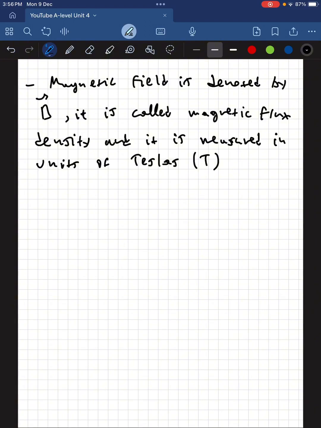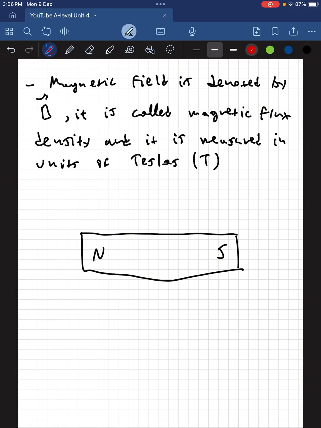Okay, so let's draw this field around a magnet. We have a north pole, say, and a south pole. I'm gonna use red. So magnetic field lines always start from north poles and end in south poles, okay? So this is what's going on.